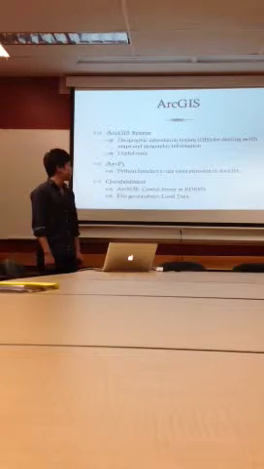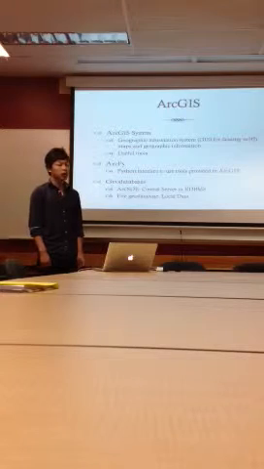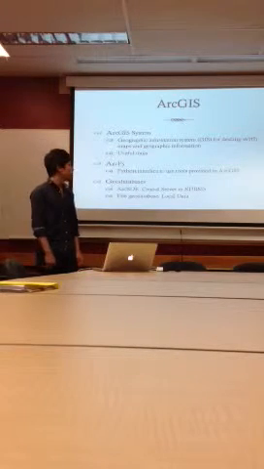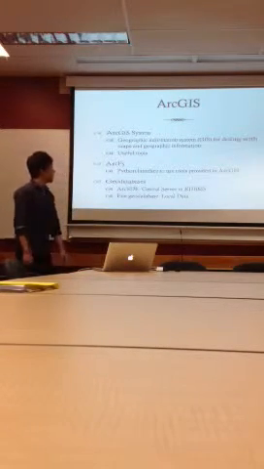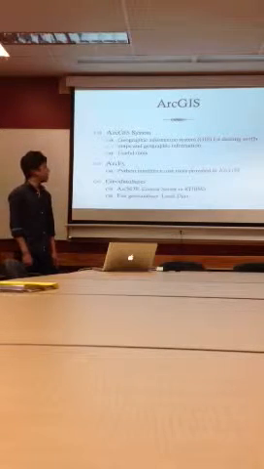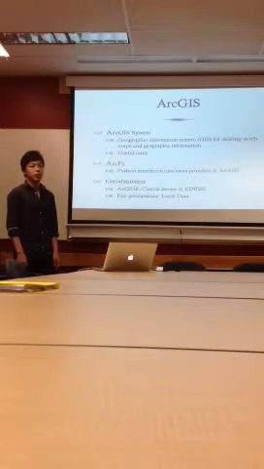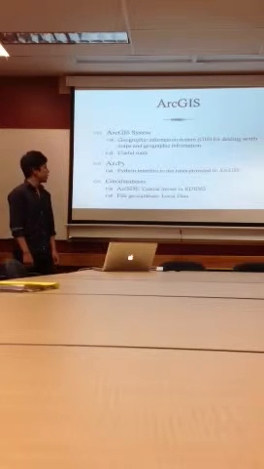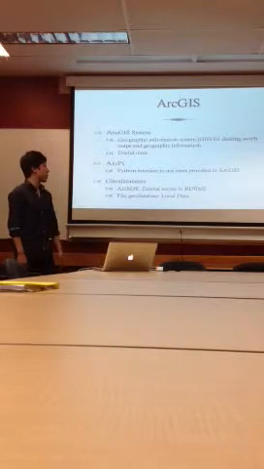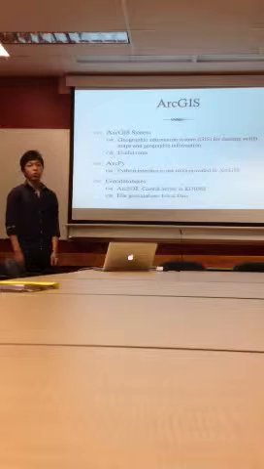Usually in ArcGIS there are mainly two kinds of geodatabases. One is ArcSDE, which is a central server and a relational database management system. In our case, all the data is stored in ArcSDE in the Oracle database.